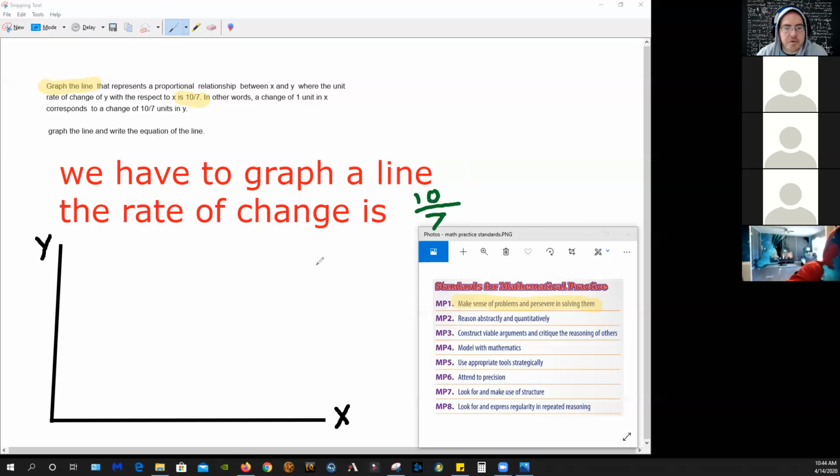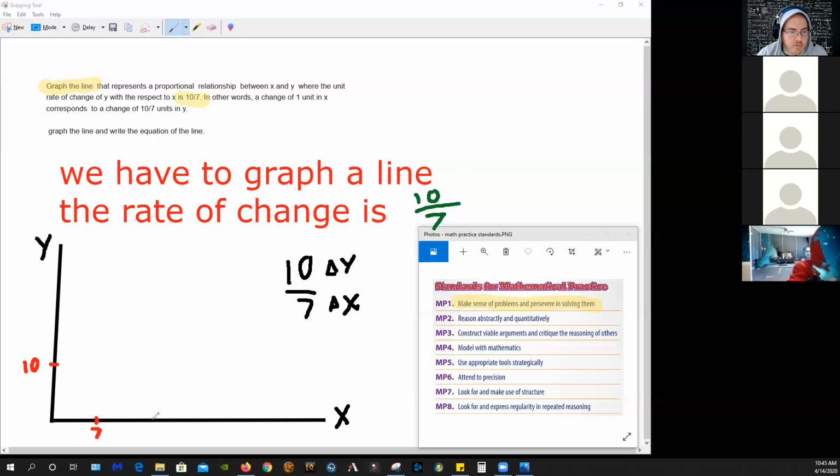The goal here is just for you to realize that when they give you this fraction, 10 over 7, the top number is the change in y, and the bottom number is the change in x. So that means on our graph, if we were to go over 7 on the x-axis, we should be going up 10 on the y-axis.